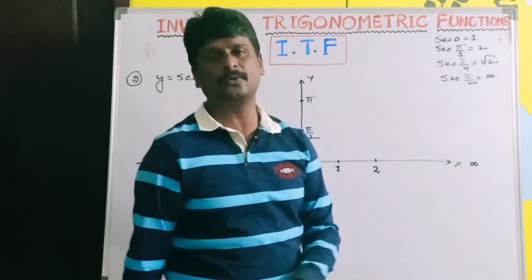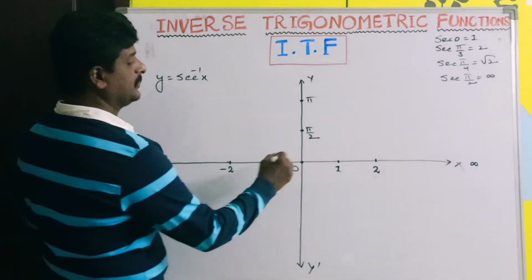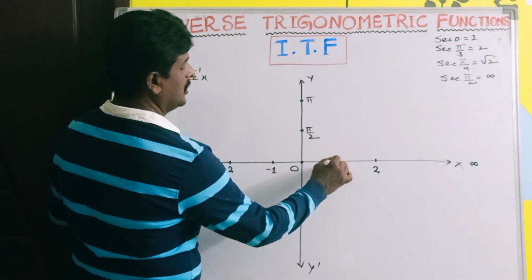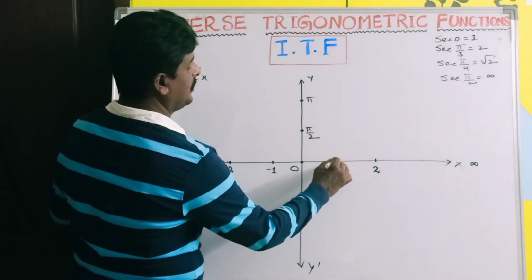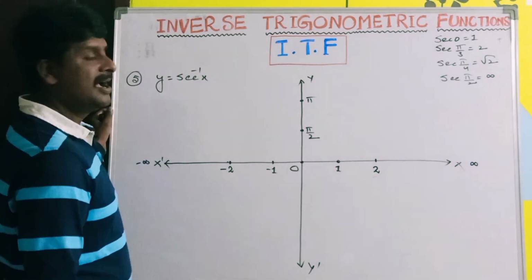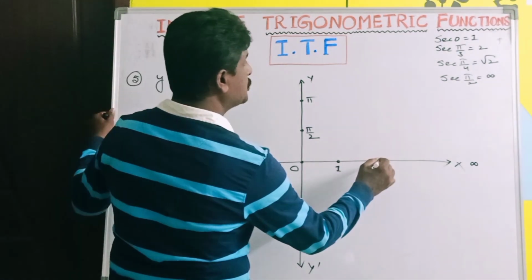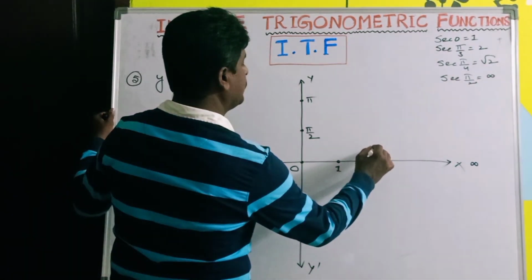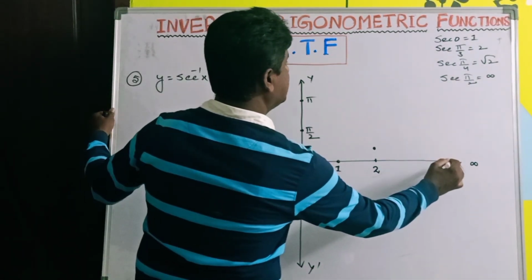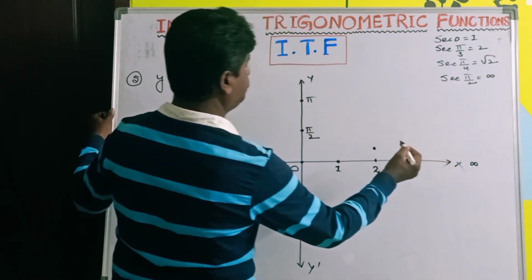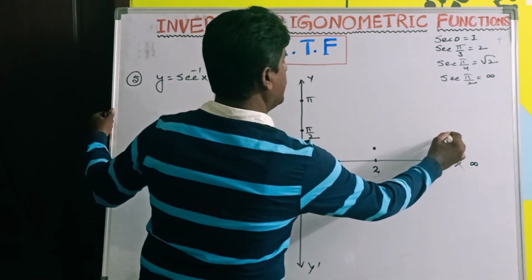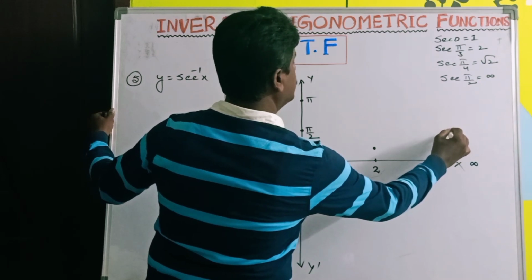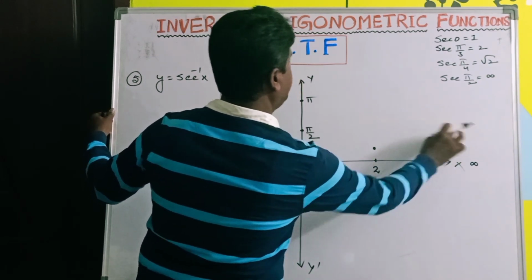Whenever secant 0 is equal to 1, secant inverse 1 will be 0. So secant inverse 1 is 0. And secant inverse 2 is pi by 3, somewhere here. And secant inverse infinity will be pi by 2. So this is the pi by 2 level.